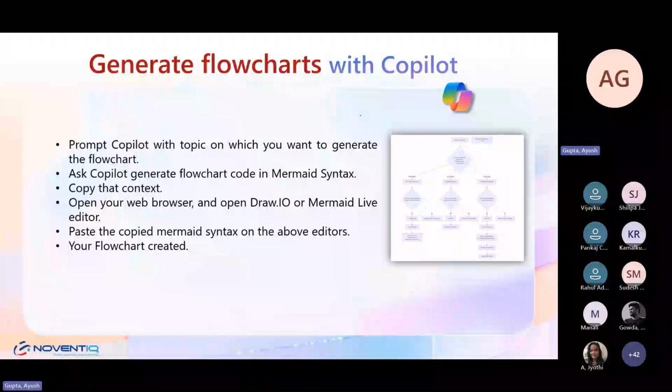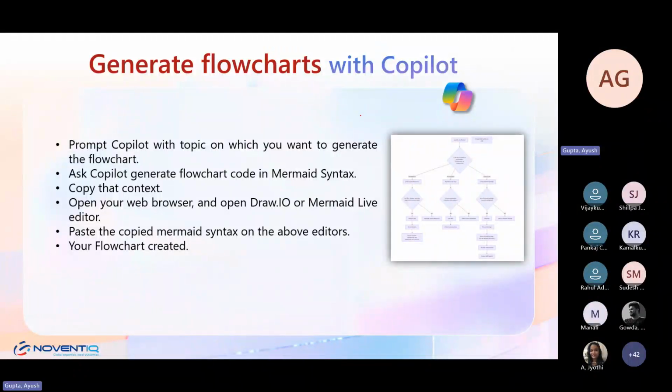Generate flowcharts with Copilot. Copilot will also help you generate flowcharts. In organizations, we usually generate multiple kinds of flowcharts. You can ask Copilot to create flowchart syntax in the Mermaid format, and then you can use that Mermaid syntax in tools like Draw.io or Mermaid Live to create your flowchart.